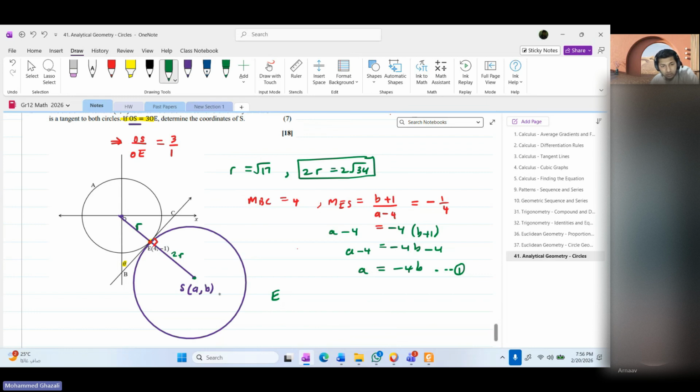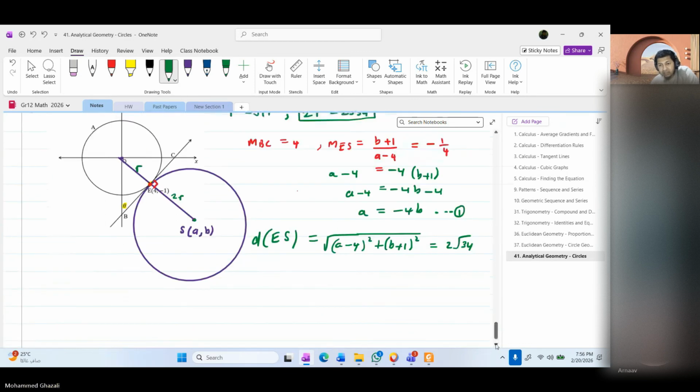We're going to say distance ES is basically equal to the square root of a minus 4 all squared. I'm finding ES. So x2 minus x1 all squared plus y2 minus y1 all squared, plus b plus 1 all squared. And that distance ES is equal to 2 root 34.